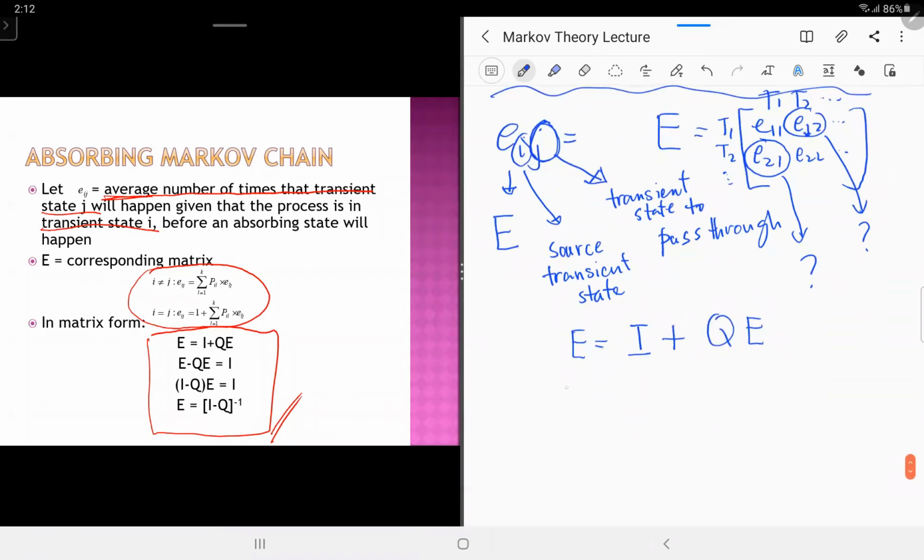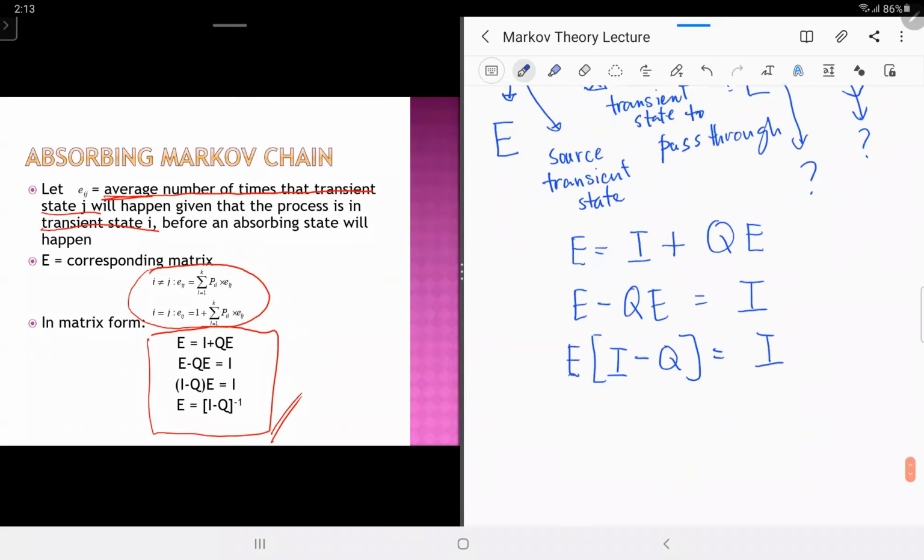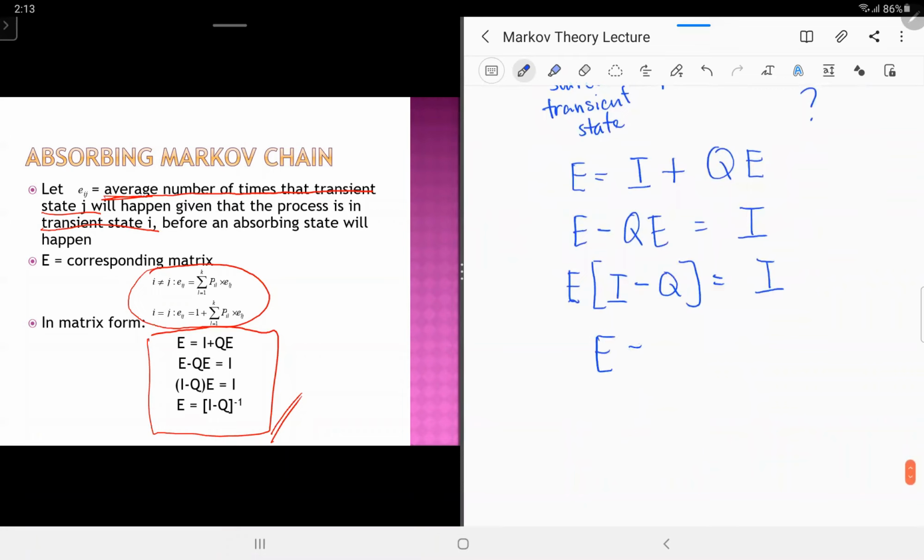Just following the matrix manipulation on the left side of your screen, you transpose QE to the left side and leave I on the right side. And then once you factor out E, you will have (I minus Q) times E equal to I. And then to solve for E, which is what we're after, it is just equal to I over I minus Q, or (I minus Q) inverse.